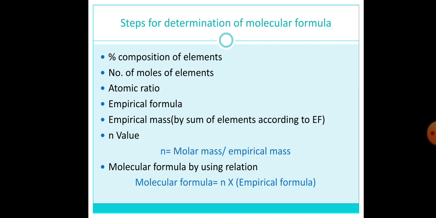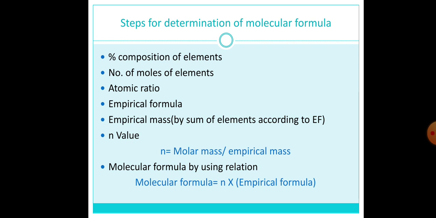And how can we calculate the molecular formula from the empirical formula? As you already know, there are 4 steps for determination of empirical formula. First of all, we calculate the percentage composition of elements which are present in a given molecule.